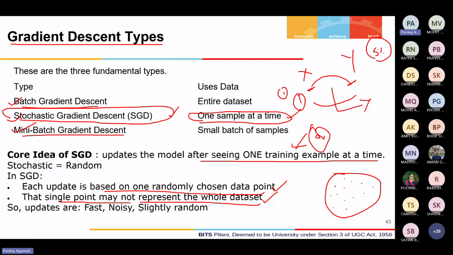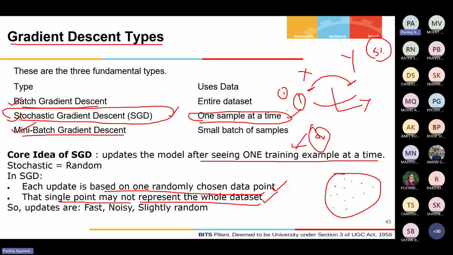So that is the concept that we use in stochastic gradient descent. It's very simple, definitely one at a time, but it becomes very slow also, slow in the sense because we are taking too many iterations. Why have they written that updates are fast?